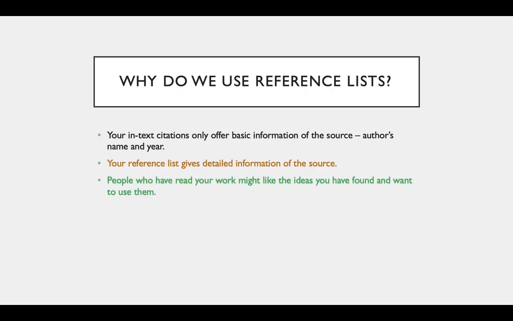Okay, so people who have read your work, they might like your ideas and like what you've found out, and they might want to use your information as well. So the reference list shows your reader where to find the ideas that you've put into your report.